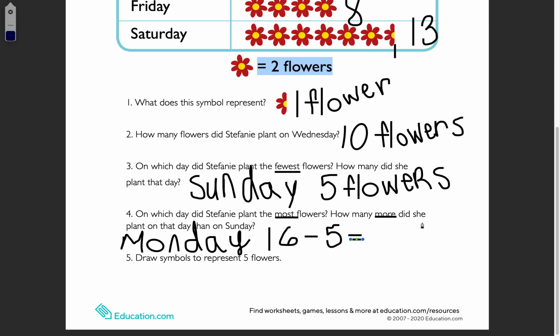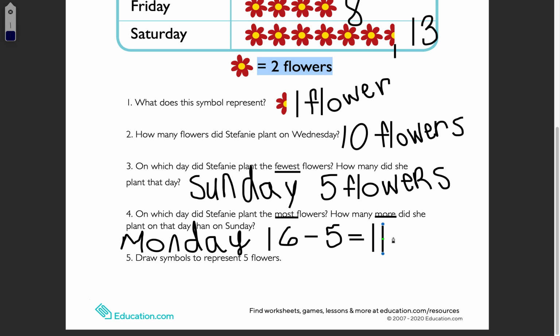All right. Do you have your answer? I'm about to say it. If not, pause the video so you get a couple more seconds of math time. All right, 16 minus 5 is 11. Did you get that answer? Amazing job if you did. If not, try to recount or use a different strategy.